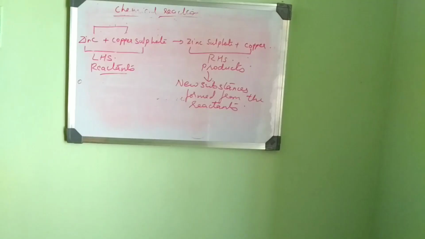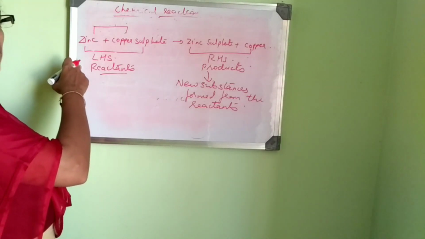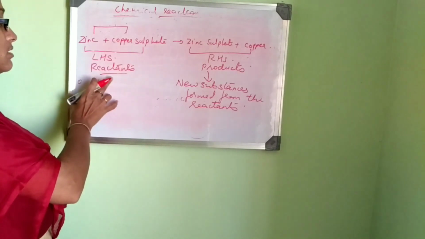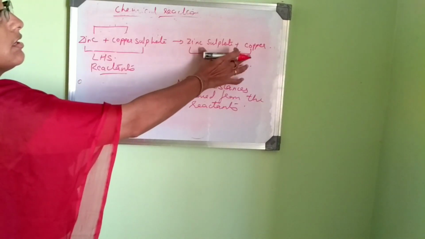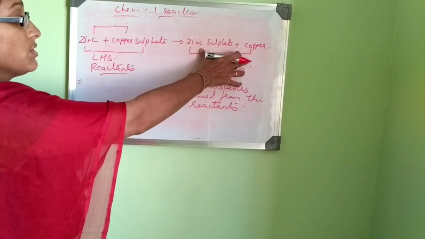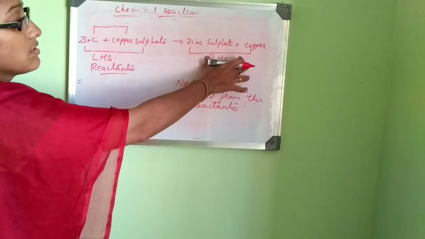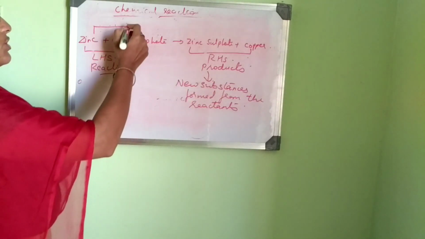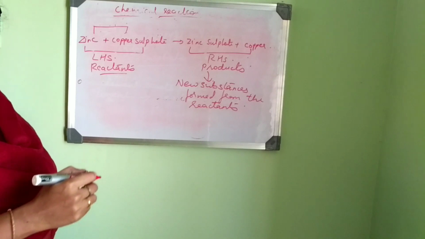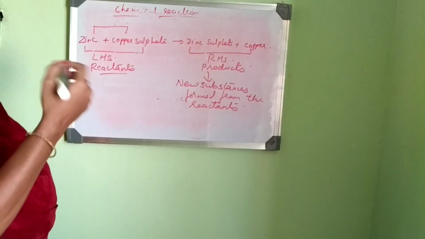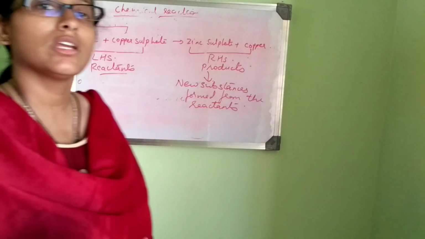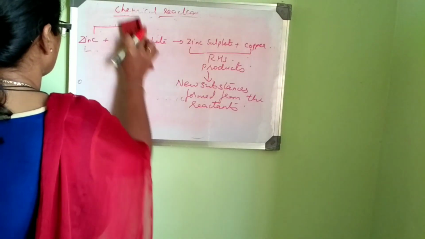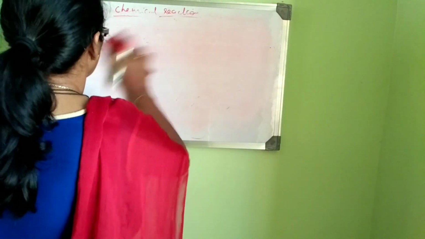The most important thing to remember: the left hand side elements that are reacting are known as the reactants, and the new substances formed in the reaction are known as the products. This is the most important thing to understand what a chemical reaction is, and further to understand what a chemical equation is. In the same way, we will have another example.